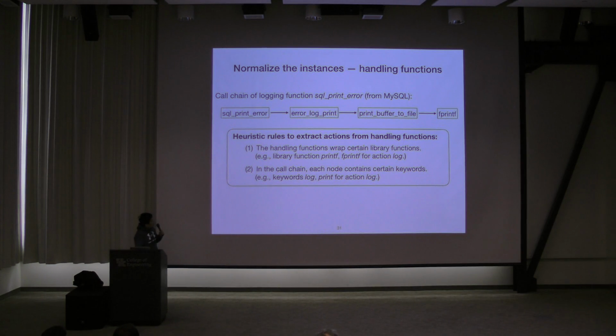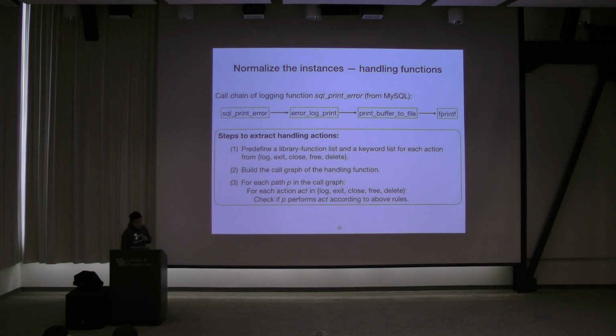The first is that handling functions always wrap certain library functions, for example, library functions like printf or fprintf for log, because if you want to print something, you have to call the fprintf family. The second rule is that in the call chain, each node contains certain keywords related to the action, for example, the keyword log or print for the log action.